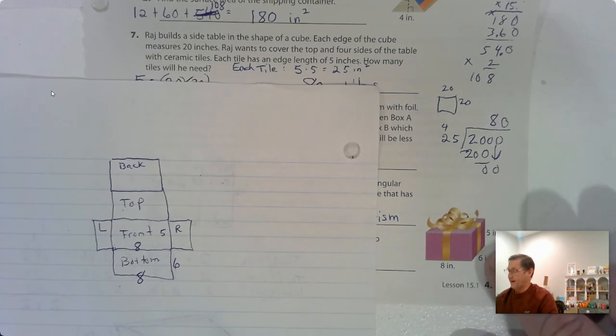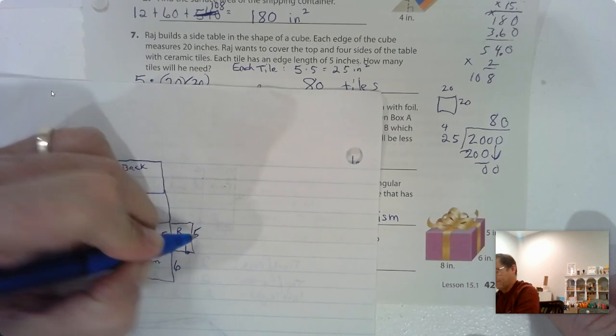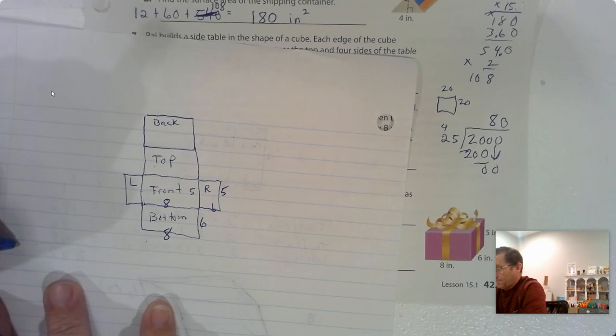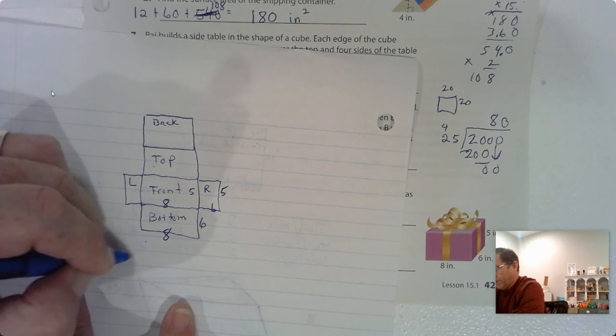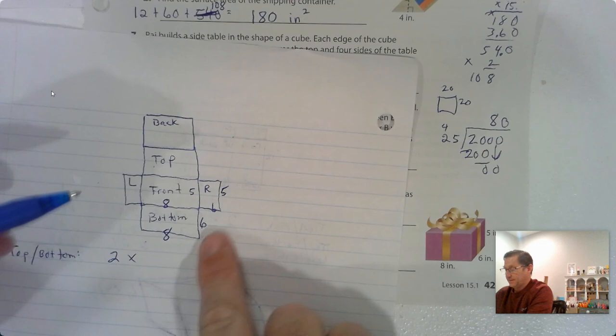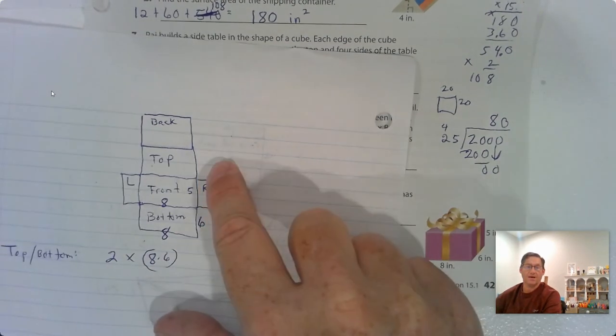And the left and right are 6 times 5. All right. So top, bottom, we have 2 times 8 times 6. Okay, the bottom is the same as the top.